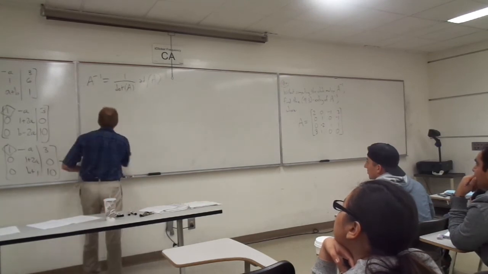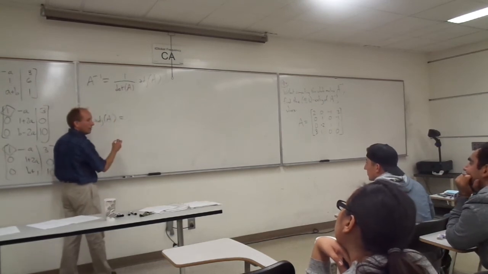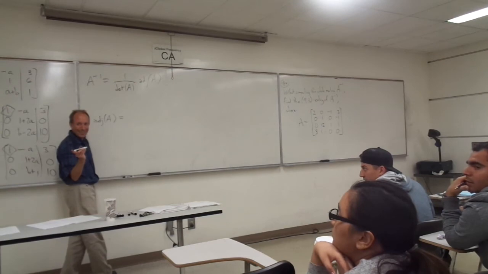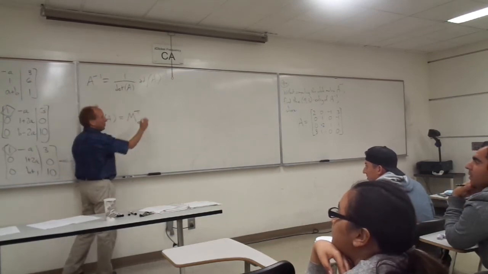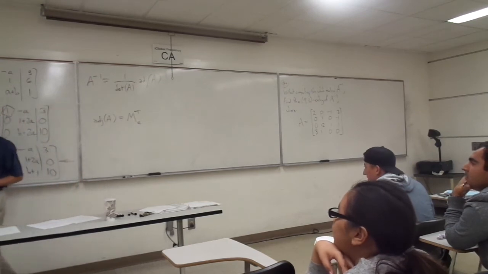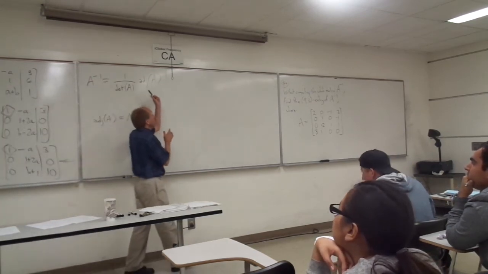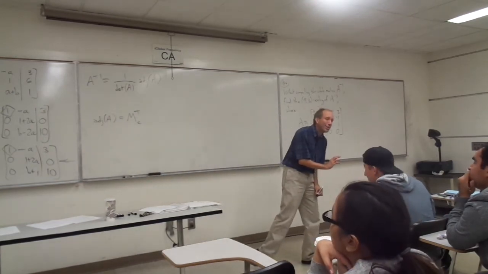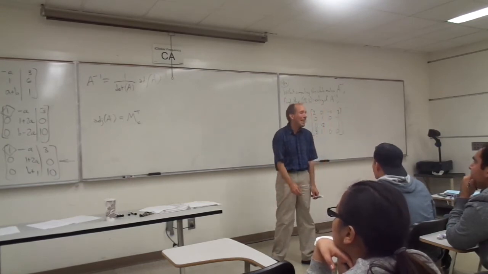So remind me again, how do I find the adjoint of A? You transpose the matrix of cofactors. You flip it, that's transpose. So the 4-3 entry of the adjoint matrix would actually be which cofactor? The 3-4 cofactor. That's exactly right.